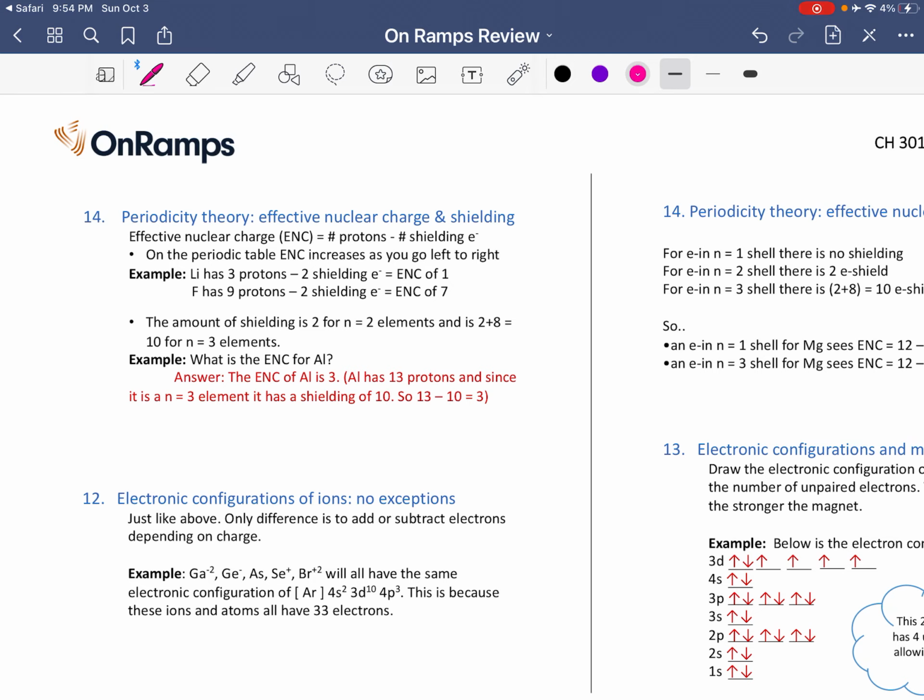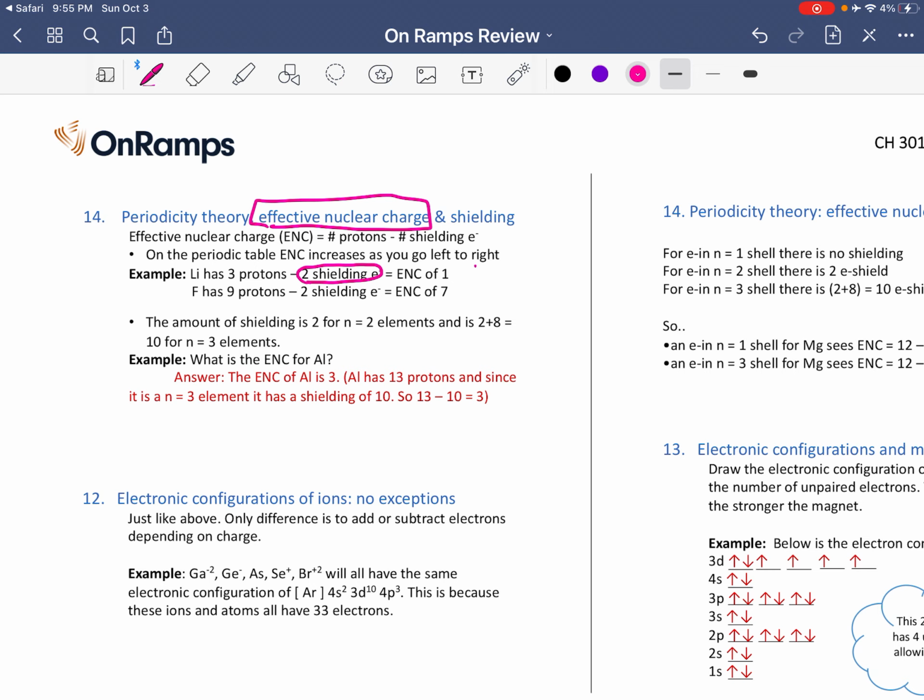So, you have to be able to calculate the effective nuclear charge. You have to calculate how many electrons are shielding the valence electrons.